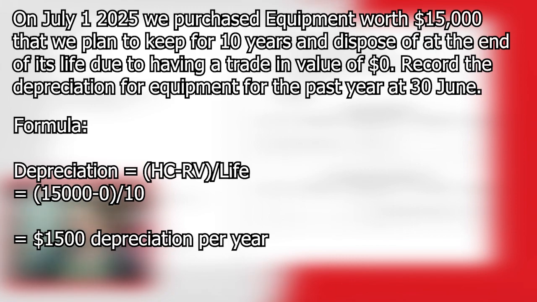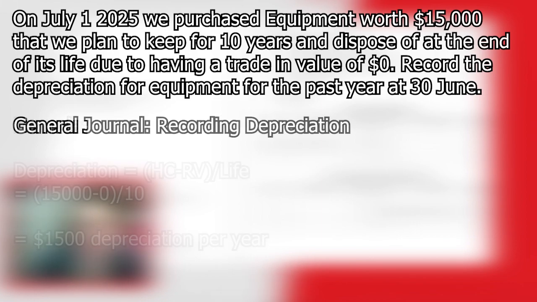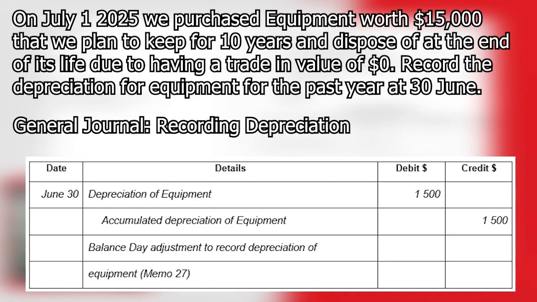So how do we record that 1,500 depreciation? How do we record that expense? In the general journal, we go June 30 depreciation of equipment 1,500 as a debit and accumulated depreciation of equipment as a credit 1,500. And then you've got your memo, balance day adjustments, depreciation of equipment, memo 27.